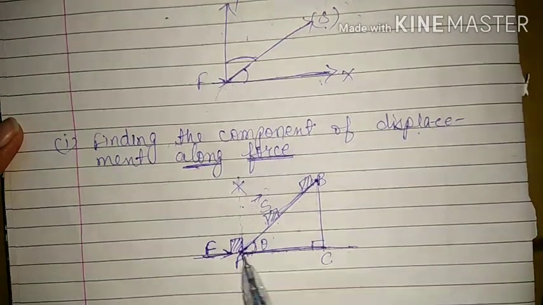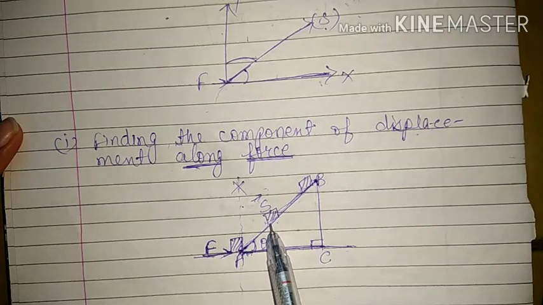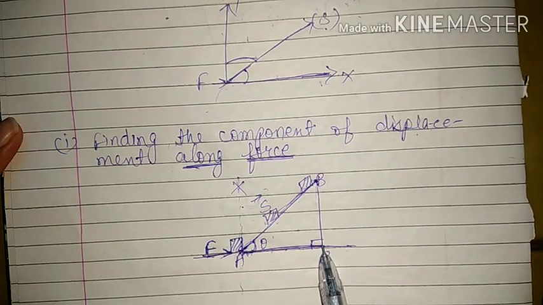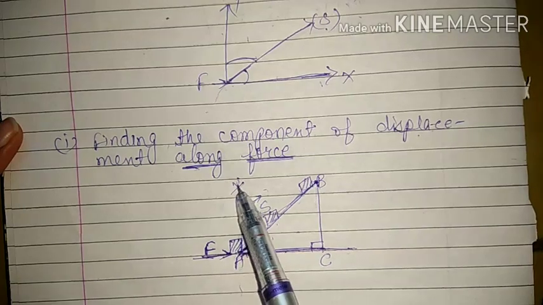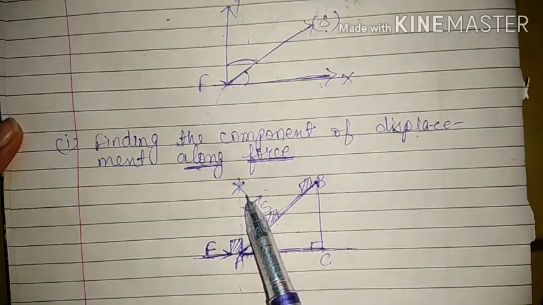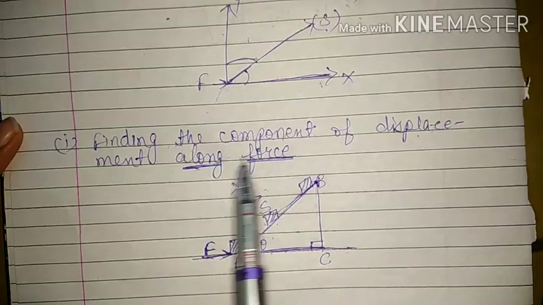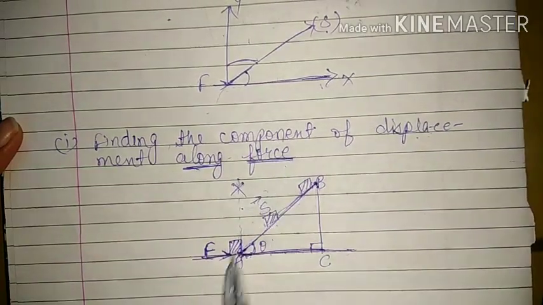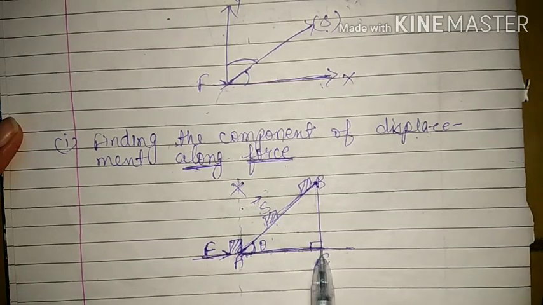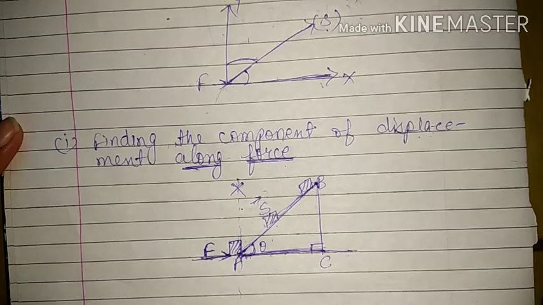Now we have two components of this displacement, horizontal and vertical. But we are not taking the vertical component, because we want the component of displacement along the force, and the force is in this direction. So we need only this component.